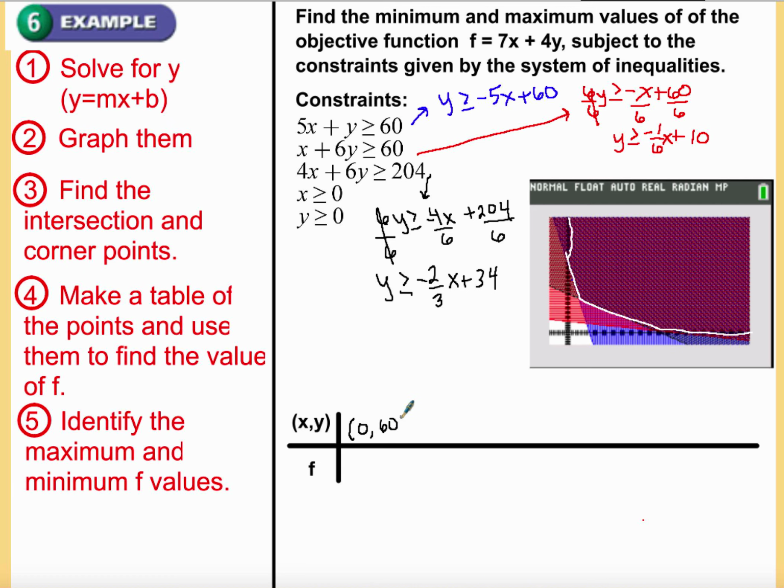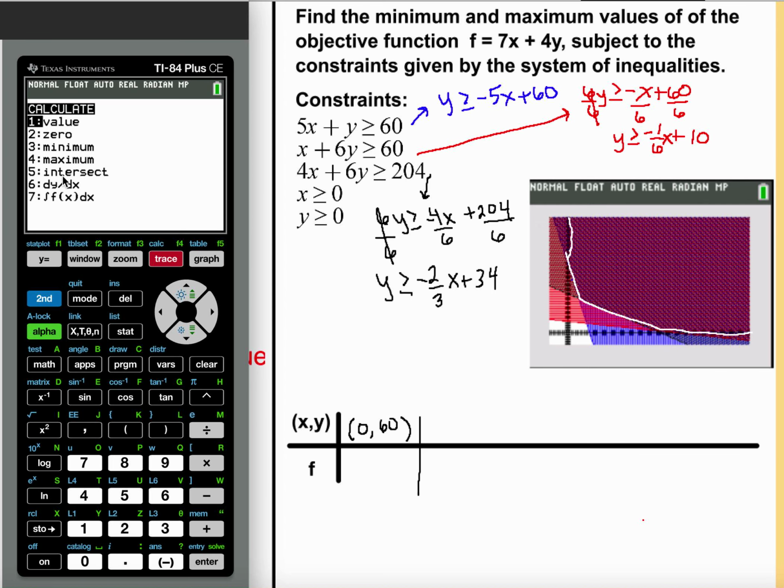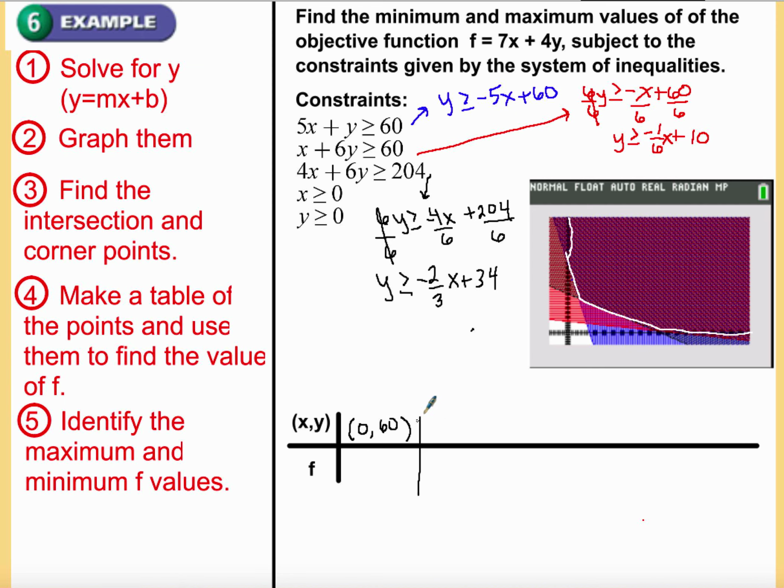Another interesting point on this graph is this point right here. This is the point where x is 6 and y is 30. And you can use the second and then trace feature on your calculator to find the intersection of the points. I don't want to waste a lot of time here going through all that.